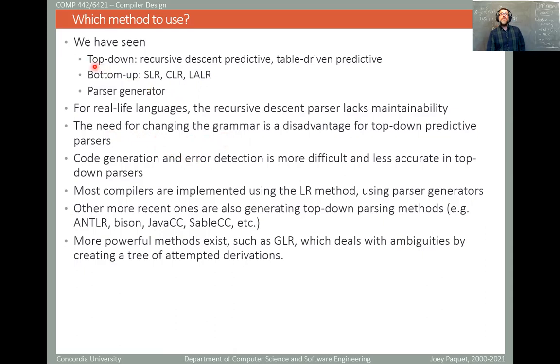Of course, as we saw in the project, the necessity of having to change the grammar makes things much more complicated when you want to use a top-down parser. So even if you had a top-down parser generator, you would still have to change your grammar and remove the ambiguities in your grammar before you would use the parser generator.